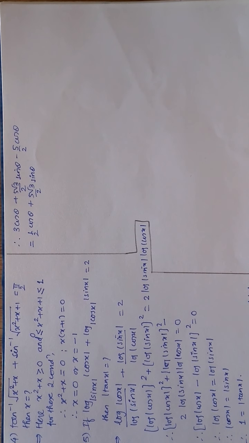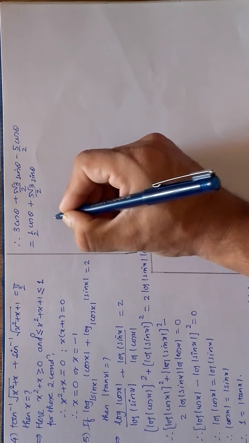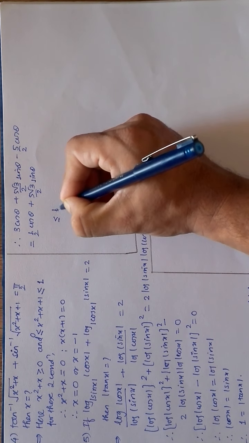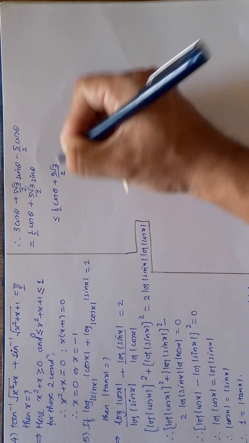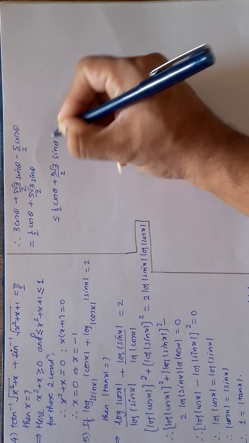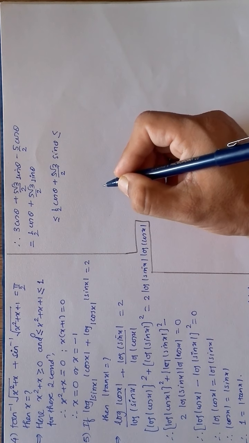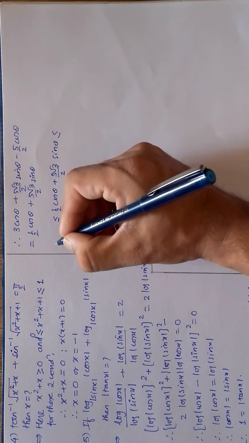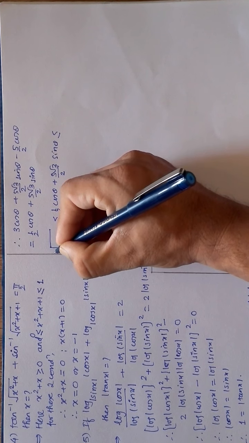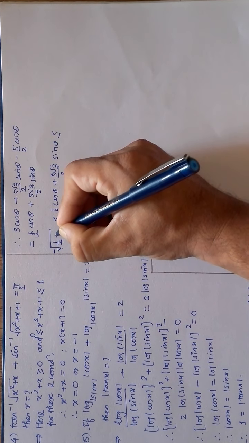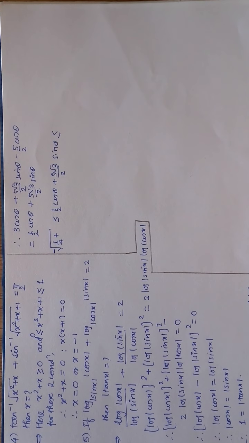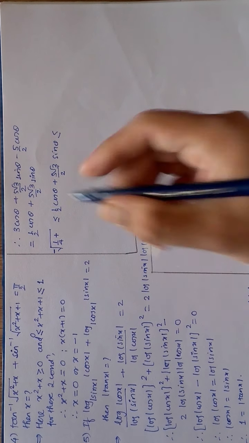Yes, it is a cos theta plus b sin theta. The value of this, that is half cos theta plus 5 root 3 by 2 sin theta, will be greater than or equal to minus under root a square plus b square, that is, 1 by 4 plus 25 into 3, 75 by 4.